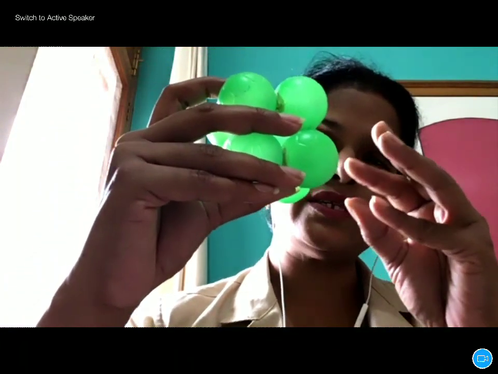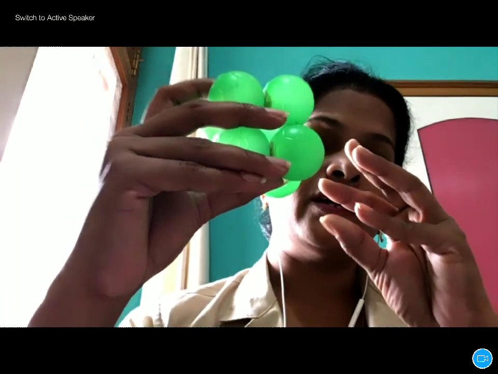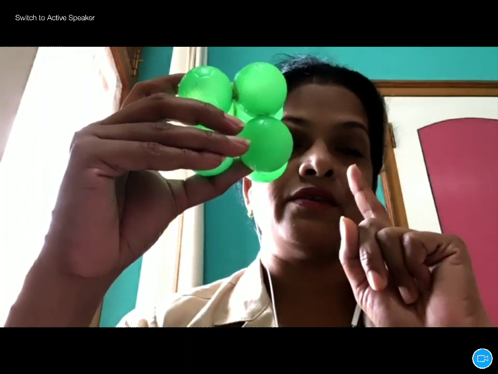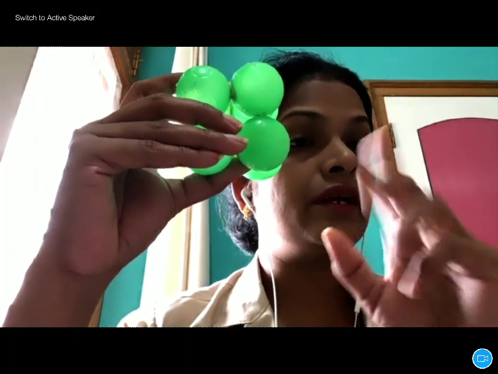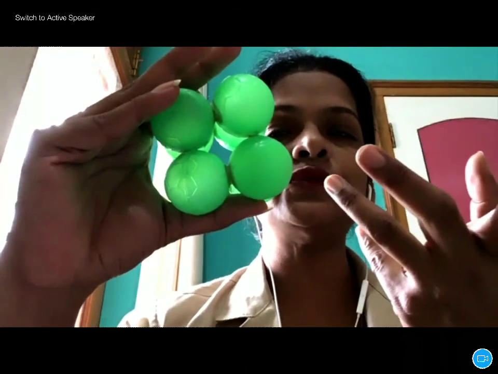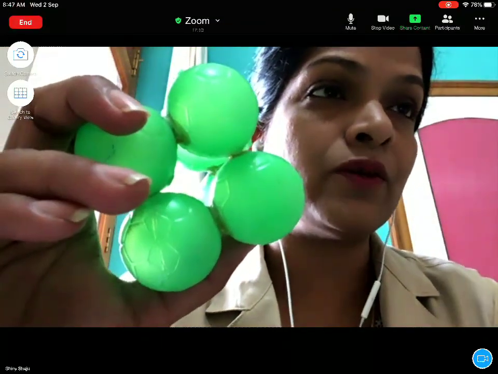And how much is present inside that cube? We know that only one ball, only one atom is present. Yesterday we saw 1/8 into 8, that is only 1. So inside that cube, only one ball is there. What is its volume? That is 1 into 4 by 3 pi r cube. So 1 into 4 by 3 pi r cube divided by a cube into 100 is the packing efficiency in the case of simple cube.